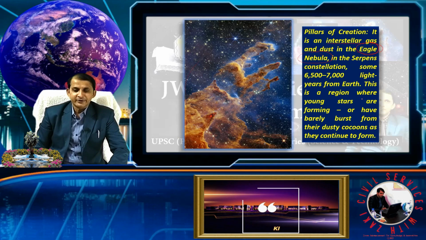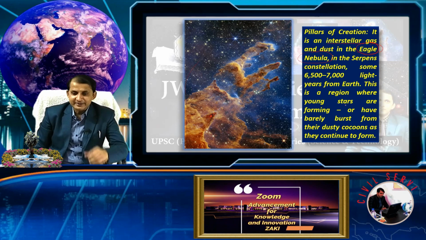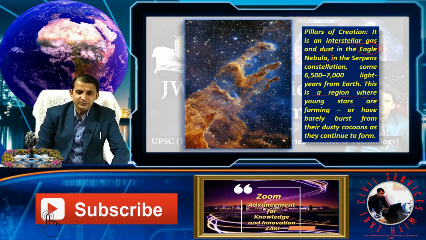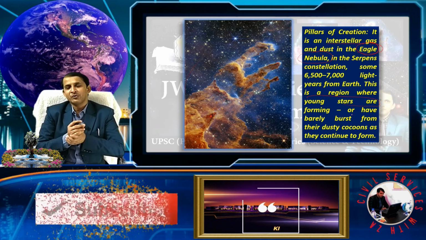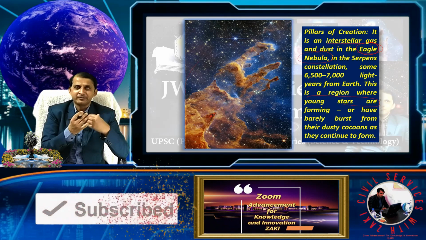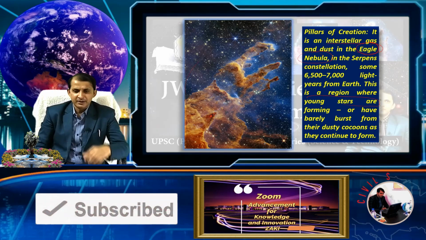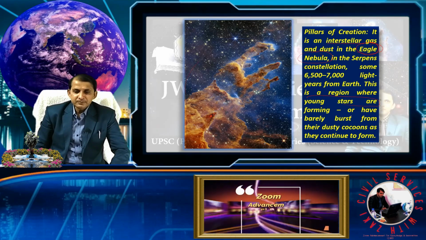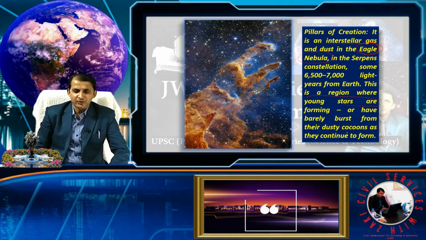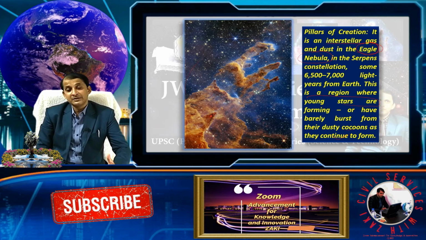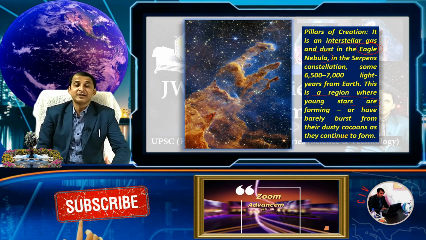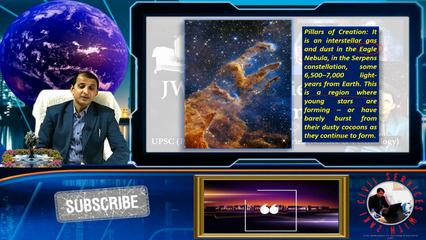This is a region where young stars are forming, with protoplanetary disks and nebular disks, or stars that have barely burst from their cocoons. So it is known as the Pillars of Creation. That's why it is called that.